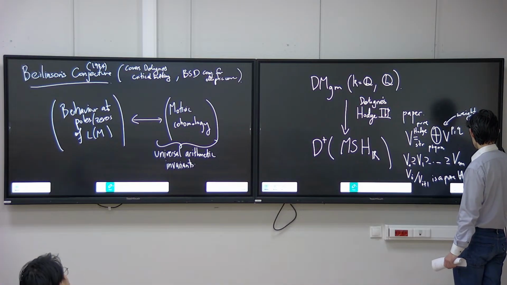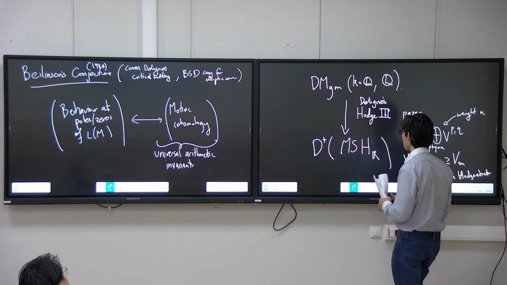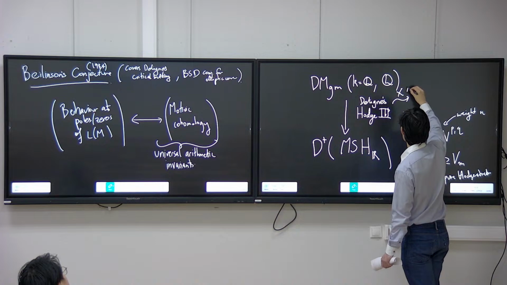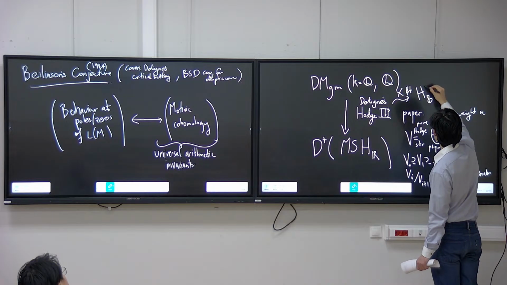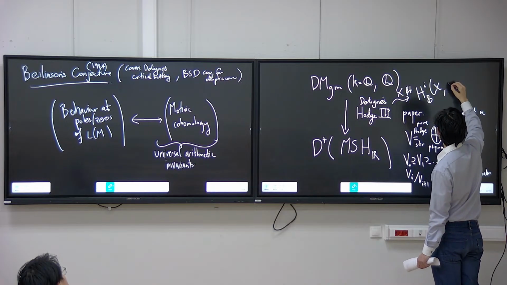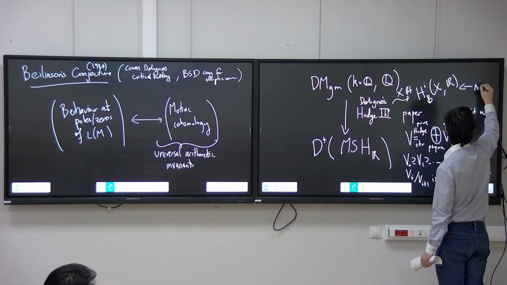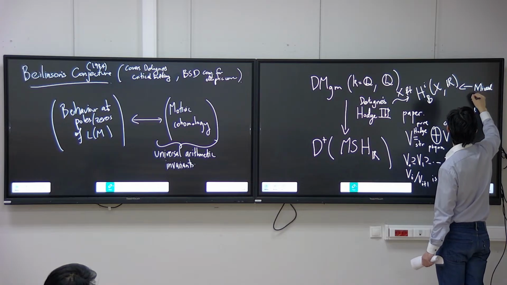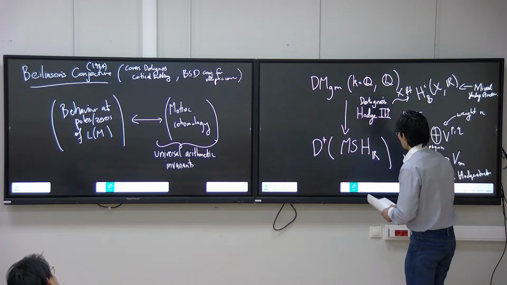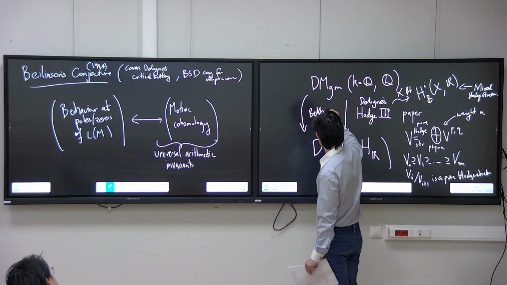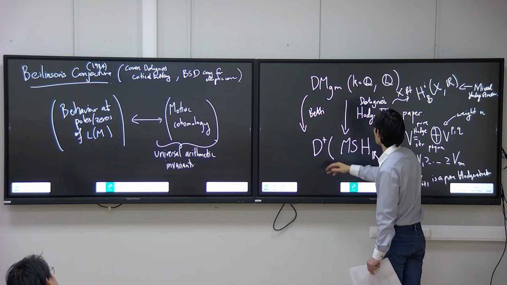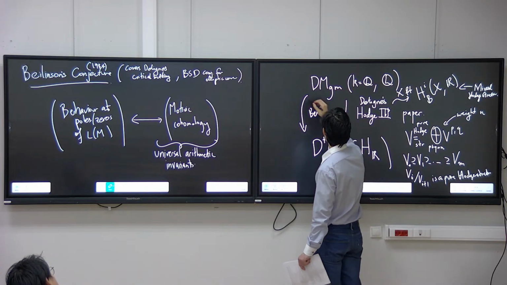And the point of Deligne's Hodge 3 paper is proving that for X a variety of finite type, not necessarily smooth projective, the Betti cohomology of X, maybe with R or Q or some other coefficients, has a mixed Hodge structure decomposition. So by taking Betti cohomology and looking at its finer mixed Hodge structure, we land in this category. Let's call this functor R.